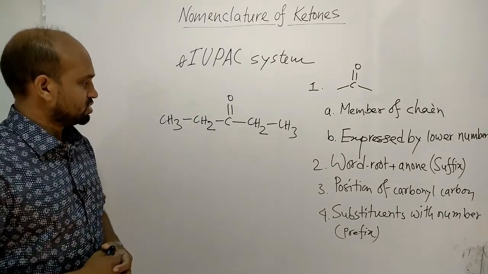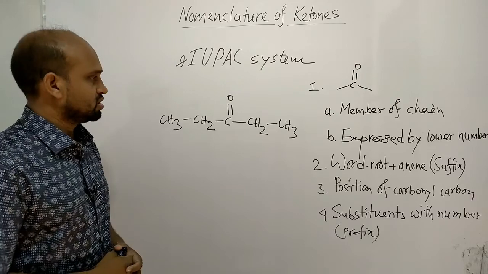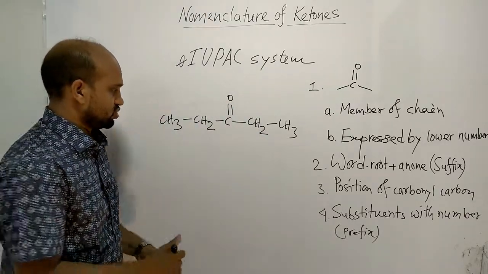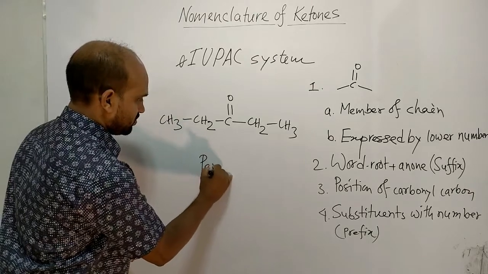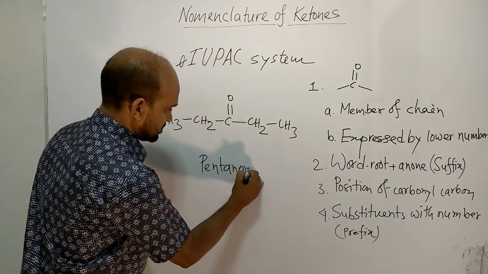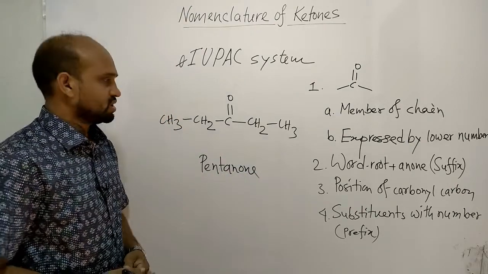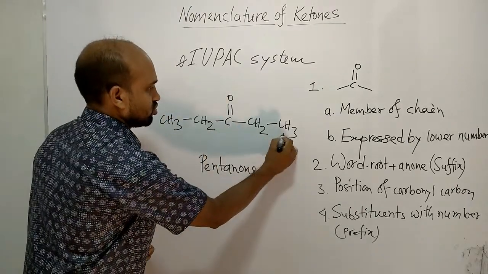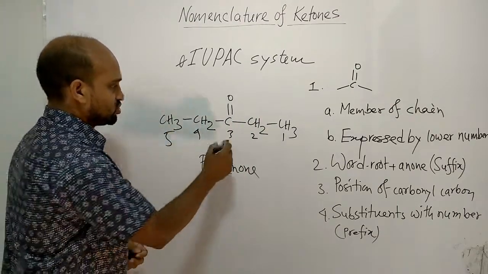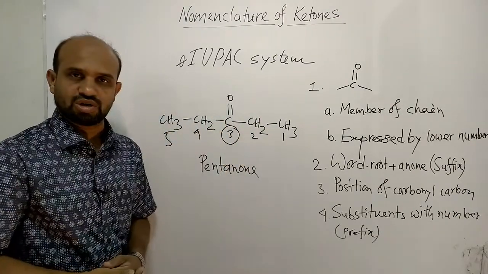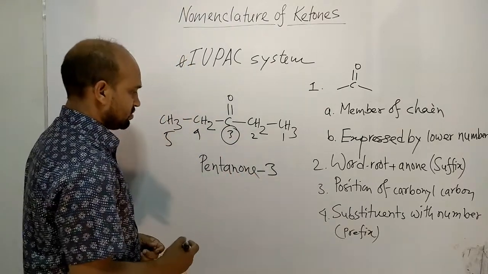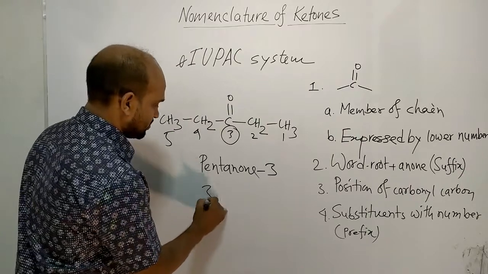In this compound there are total 5 carbon atoms, 1, 2, 3, 4, 5, so it will be pentanone, pent as word root, anone as suffix, pentanone, and carbon 3 is the carbonyl carbon, so this is pentanone 3, or it can be written as 3-pentanone.